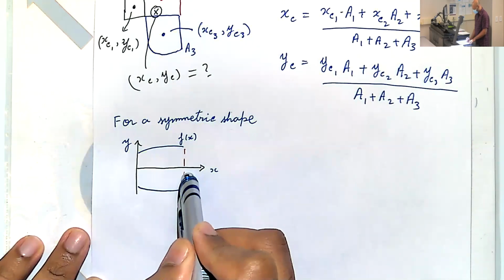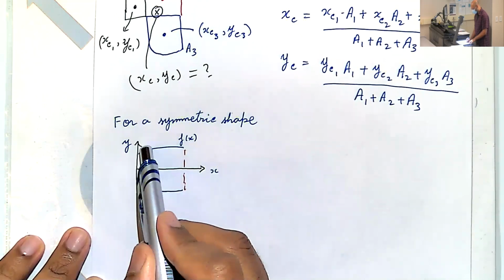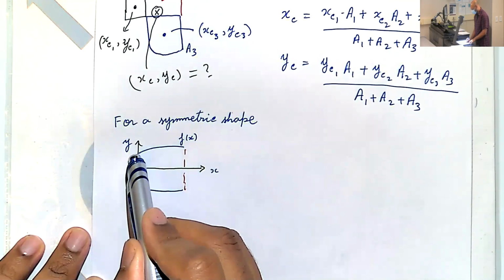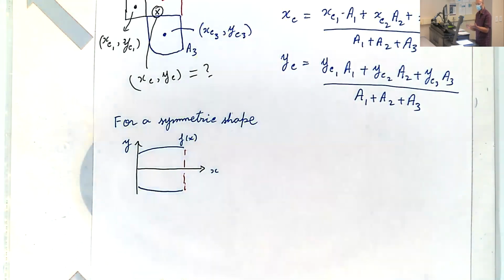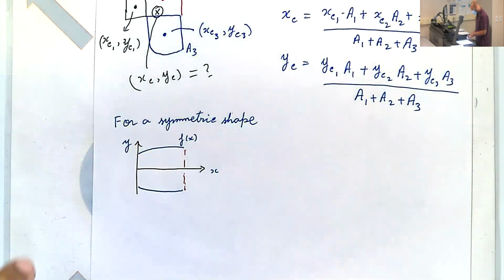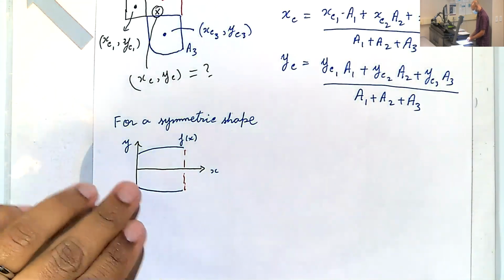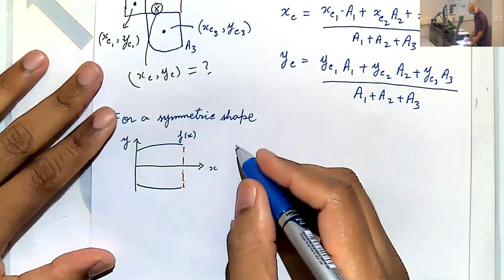If it were, you would say, all right, midpoint, midway through. But since this is an arbitrary shape, we have to resort to the integral, either analytically or numerically. So anytime you see a symmetric shape, one of the coordinates becomes obvious. Y centroid has to lie on this line.